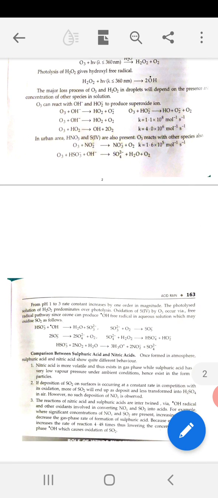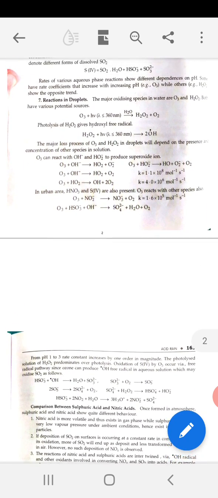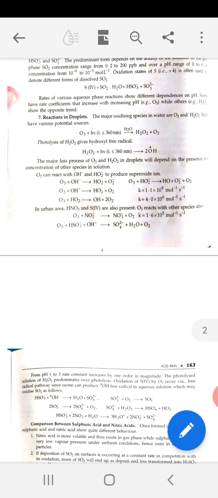Reactions in droplets. The major oxidation species in water are ozone and H2O2, both of which have various potentials. Ozone absorbs light in the 360 nanometer range in the presence of water and forms H2O2 plus oxygen. Photolysis of H2O2 gives hydroxyl free radicals.